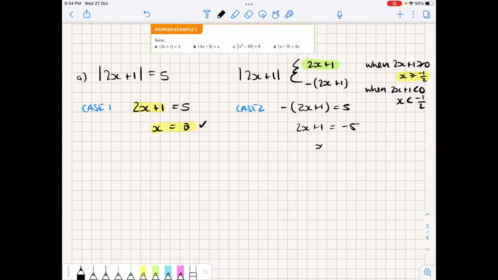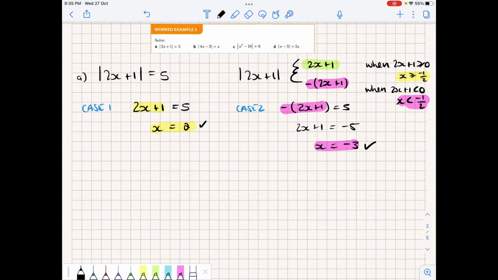And we can solve for x equal to minus 3. So once again, we need to check: we took the negative case this time, and for the negative case, x had to be less than negative 1/2. And fortunately, x equal to negative 3 is less than negative 1/2, and so both these solutions are valid.